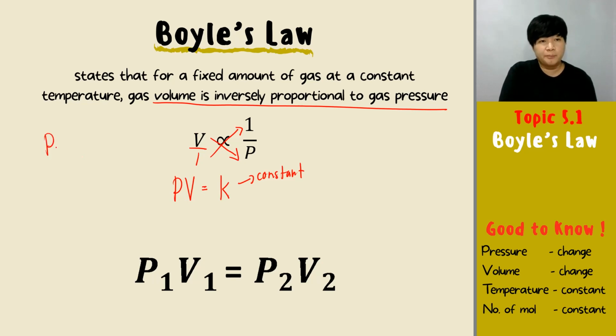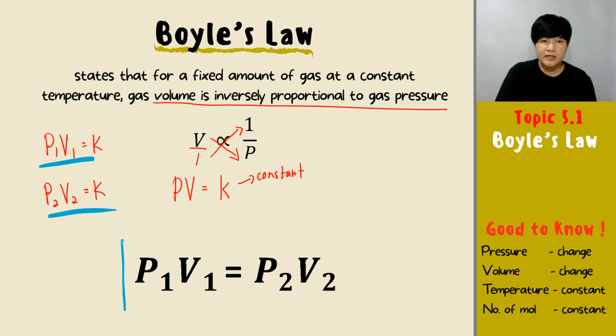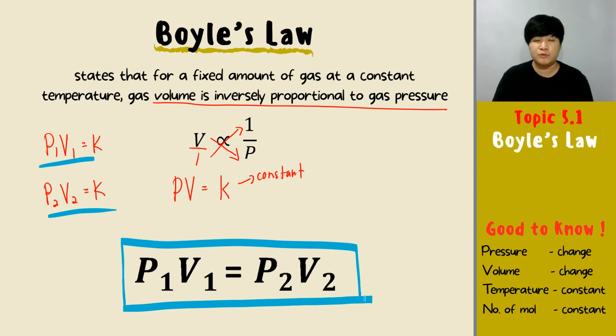That's why when you have your P1 V1 equals to K, the constant, and you have your second situation P2 V2 equals to K, when you combine the two of these, you will get P1 V1 equals to P2 V2. And this is the formula that we are going to use for Boyle's law.